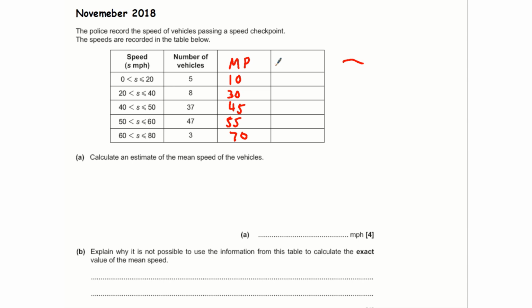Now we're going to multiply our frequency, which is our number of vehicles, by our midpoint.